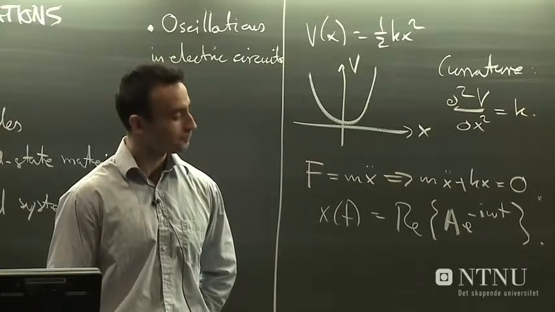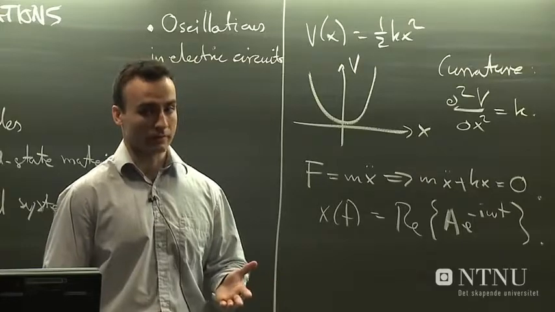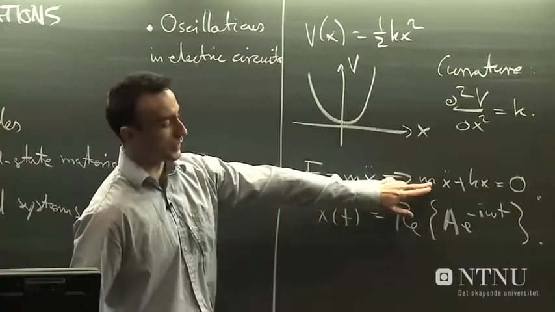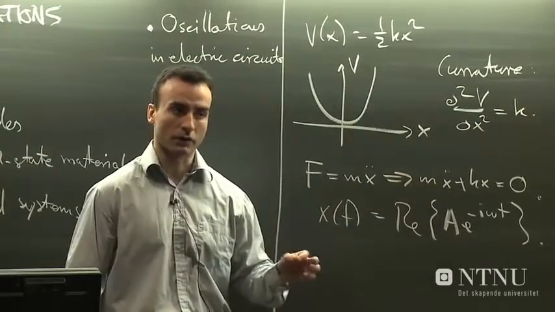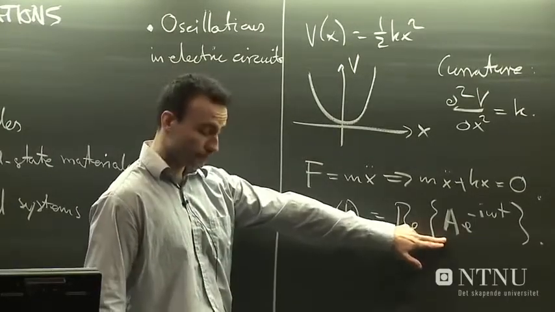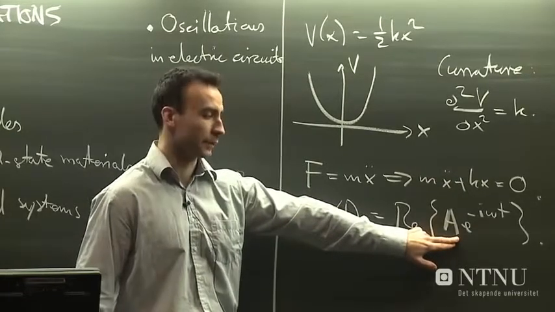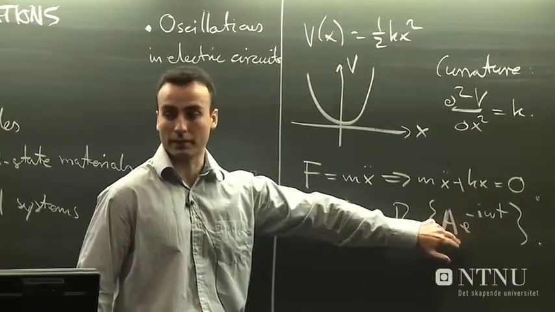Yes? Well, in fact, you can also have a sine solution. So the general solution to this equation is a superposition of cosine and sine terms. So if A is a real constant, we only get the cosine. But if it's a complex constant, we get both the cosine and the sine by multiplying these two with each other.